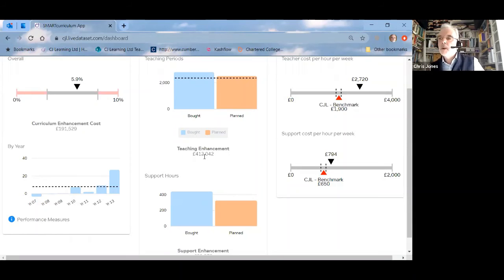I suppose the question really comes down to it's not the granular level, it's the strategic level. Why is that 303 periods bought? Now, there would need to be an answer to that. If it's cover, that's an answer. If it's paired teaching to raise standards of teaching, that's another answer.